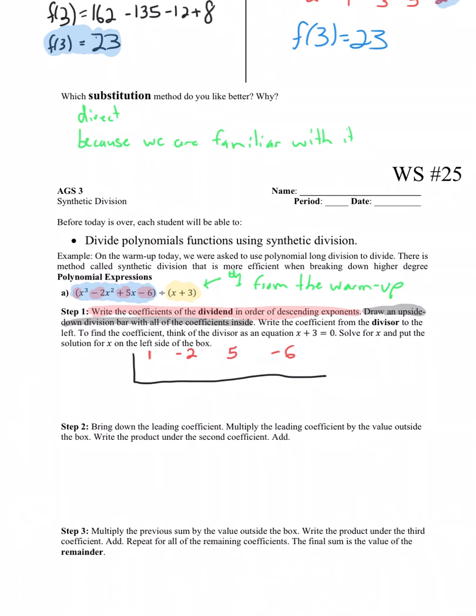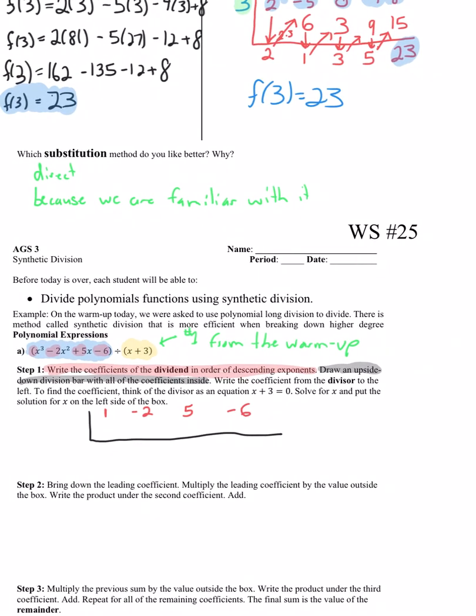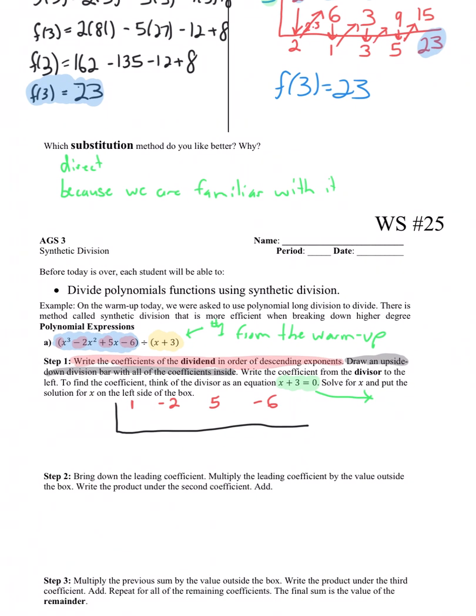Then we're going to write the coefficient from the divisor to the left. But the way it works with the divisor, it's a little different than the synthetic substitution. Notice with the substitution, it was x equals 3. So that's what we need to do here. We need to get to an x equals situation. So I need to take this x plus 3 here, and I technically need to solve for x. So you say x plus 3 equals 0.